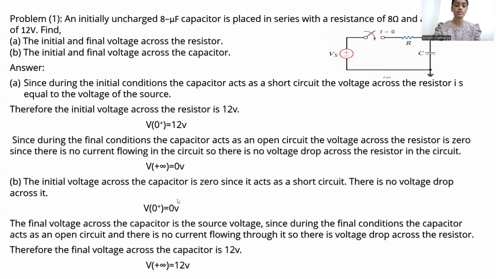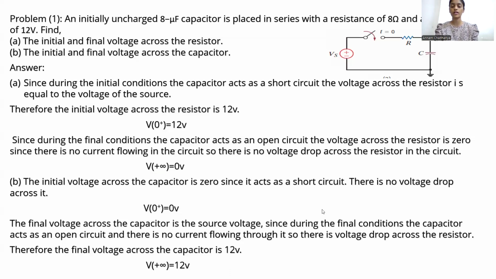The final voltage across the capacitor is the source voltage, since during the final conditions the capacitor acts as an open circuit and there is no current flowing through it. So there is no voltage drop across the resistor. Therefore, the final voltage across the capacitor is 12 volts, since in the final conditions the capacitor acts as an open circuit and the whole voltage gets settled at the capacitor only.